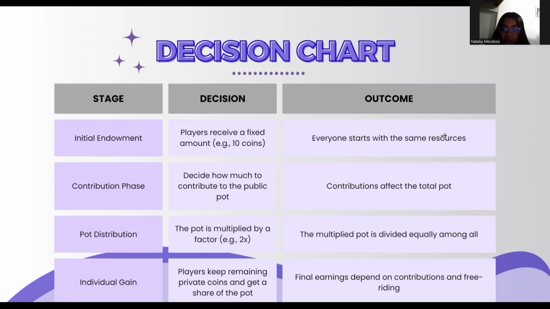As a result, players' final earnings depend on the balance between contributions and the choice to free ride. If everyone cooperates, by contributing generously, the collective reward is maximized. However, if too many players hold back their contributions, the public pool remains smaller, leading to reduced overall gains for the group and highlighting the challenge of sustaining cooperation in public good scenarios.